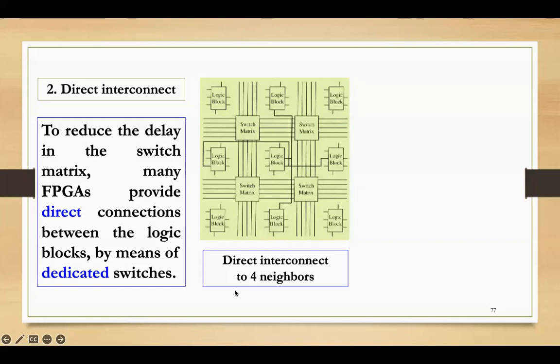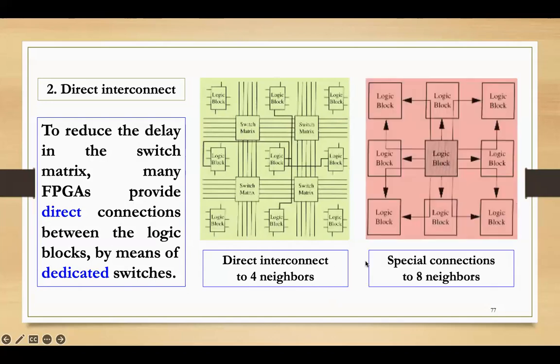This is one such example where you have 4 neighbors: 1, 2, 3, 4. They can connect between the 4 neighbors. This is a special connection where each logic block is interconnected to each other.